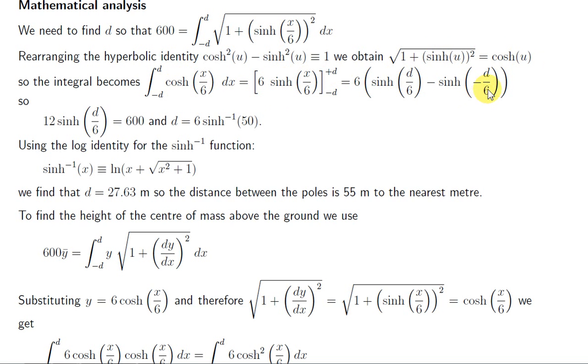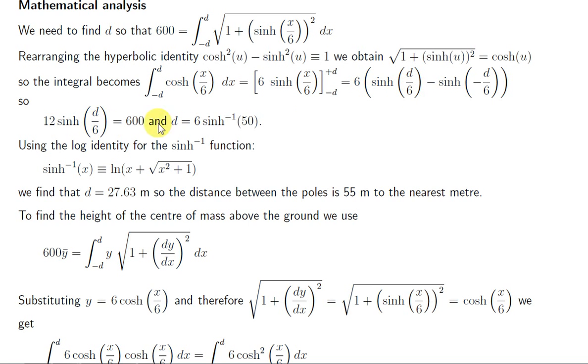Hyperbolic sine of a negative quantity is minus hyperbolic sine of d over 6. So this minus sign can come out actually, and we get a plus here, in the same way that the trigonometric sine of a negative angle involves taking the minus sign out. So we get 2 hyperbolic sine d over 6 times 6, that's 12 here.